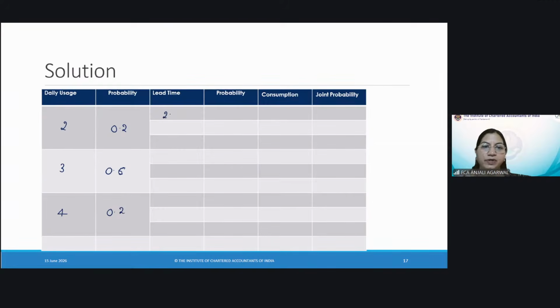Lead time could be 25, 35, 45 in all the 3 scenarios. Probability of 0.2, 0.5, and 0.3. Remember, the totals of probability should always match as to 1.